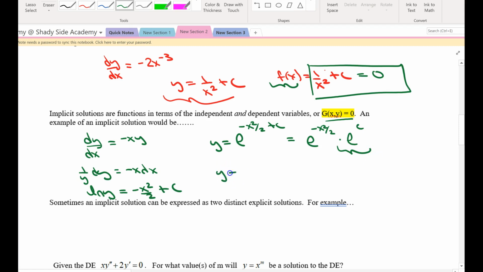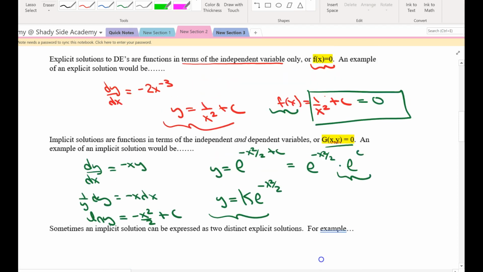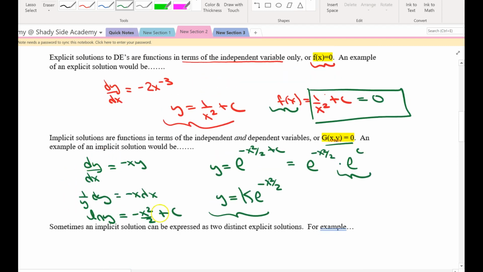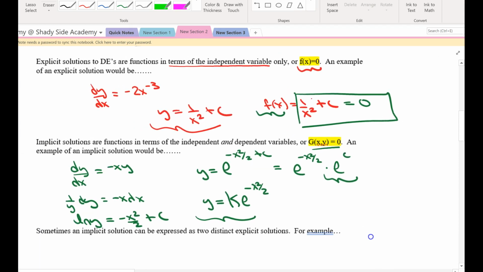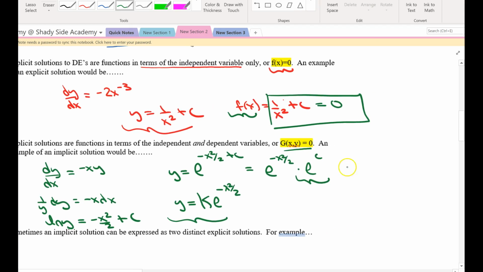So what you've mostly seen before is the family of solutions is y equals k e to the negative x squared over 2. Here's your family of solutions, and I just messed you and me up because this gave us an explicit solution, not an implicit. How silly.